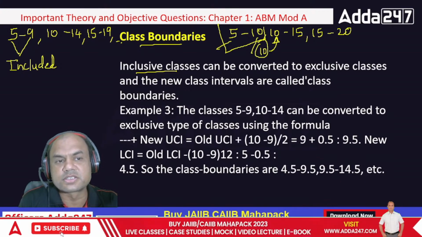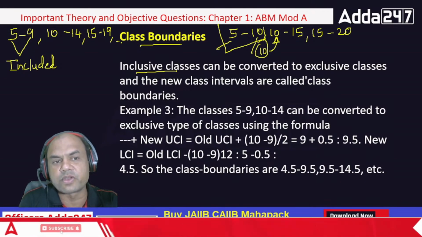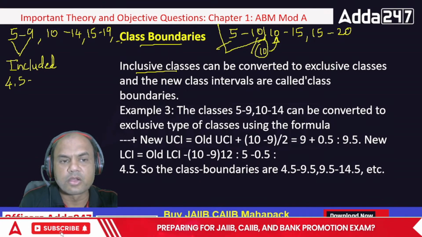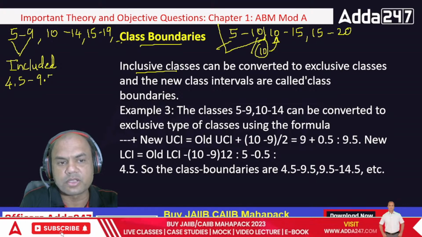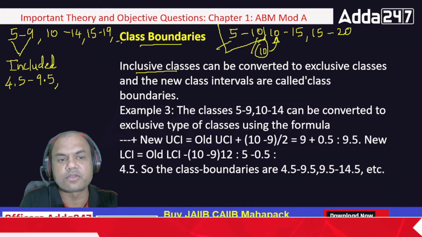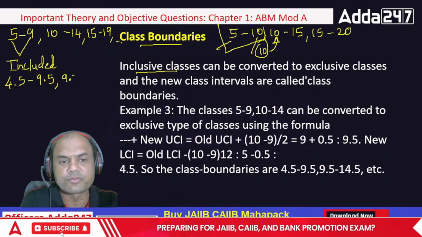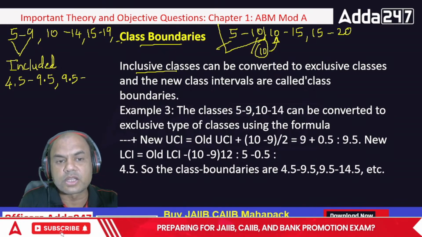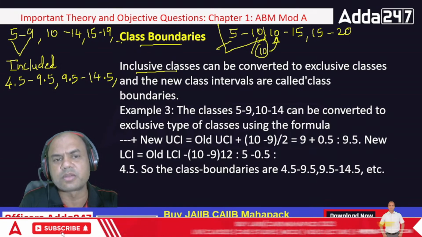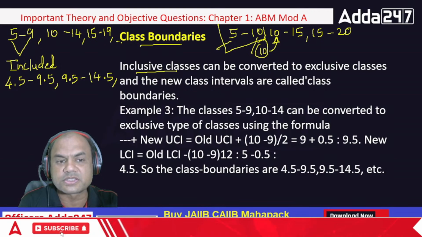Just shift 0.5 on this side and 0.5 on this side. So it is 4.5 to 9.5. This is the first class. Second class, again shift 0.5 on the left, so 9.5 to 14.5. Third one, similarly, 14.5 to 19.5. Now what are you seeing over here?